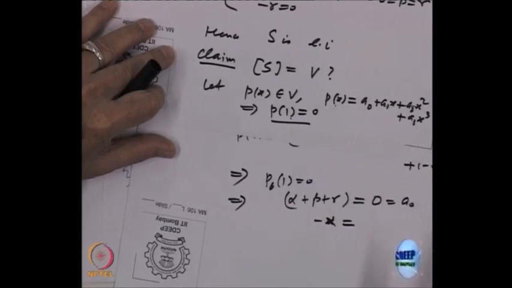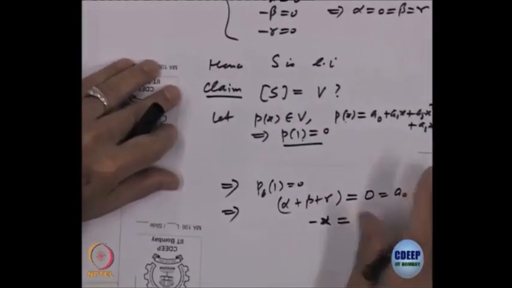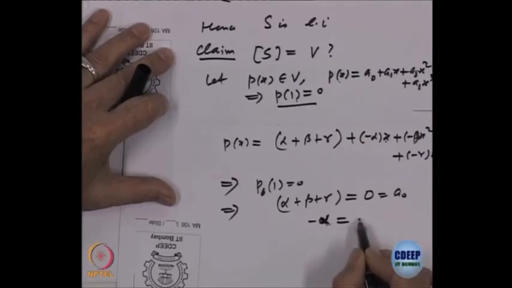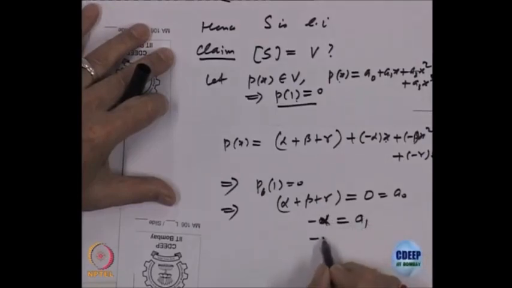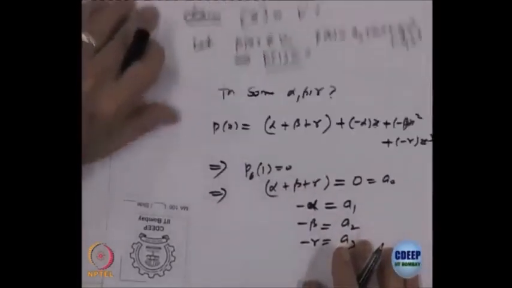Is it okay? Yes, by the property. What is the coefficient of x here? a1. What is the coefficient of x here? Minus alpha is equal to a1, minus beta is equal to a2, minus gamma is equal to a3. Is that okay?